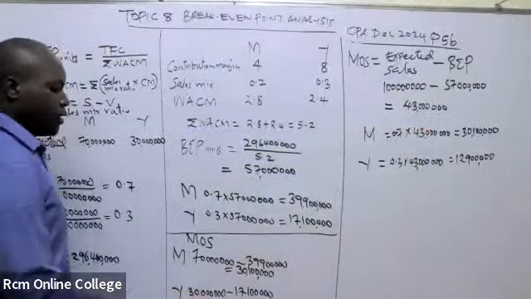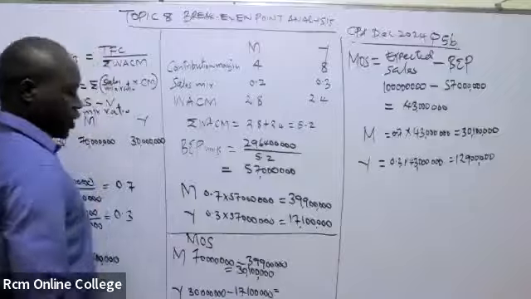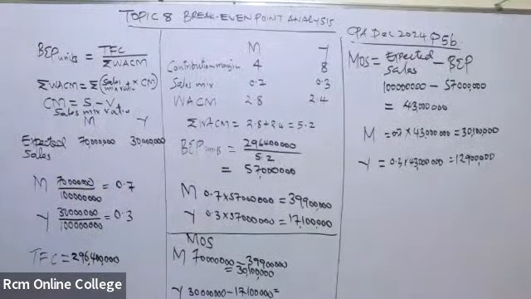Then how about for Y? When you take 30 million minus 17,100,000, what are you getting?